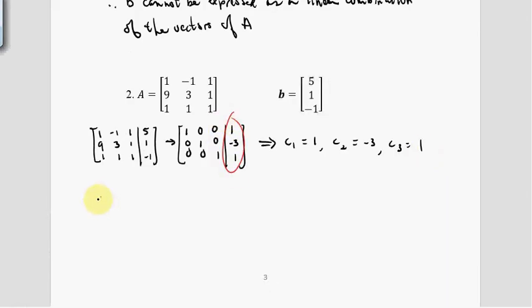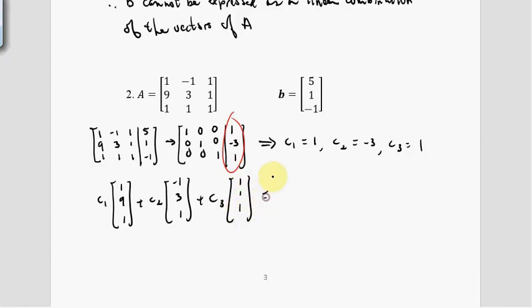And so I have C sub 1 times row 1 plus C sub 2 times row 2 plus C sub 3 times row 3 is equal to B. B here is 5, 1, -1.